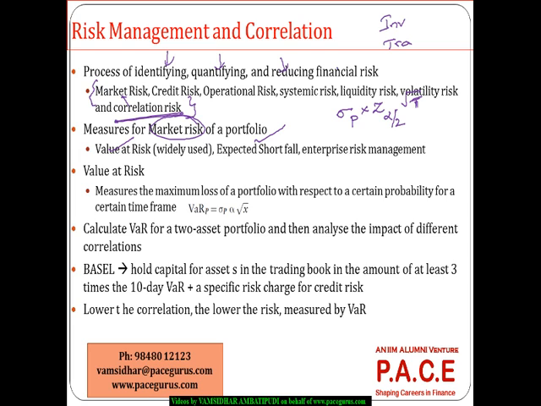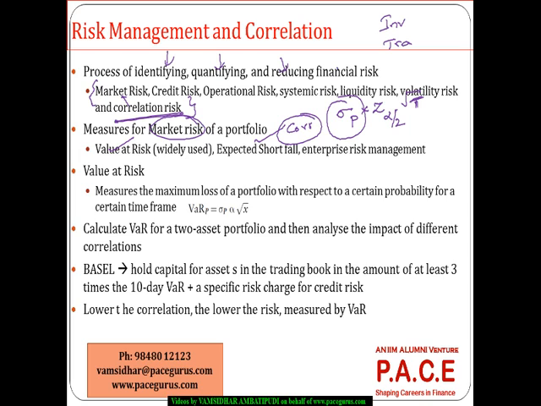If I want a 10-day VaR, I will take the square root of 10. Now, simply put, this value is purely based on the correlation between the assets. The sigma of the portfolio is purely based on the correlation of the assets. If the correlation is much higher, this number will be much higher. If the correlation is lesser, the standard deviation is much lesser.